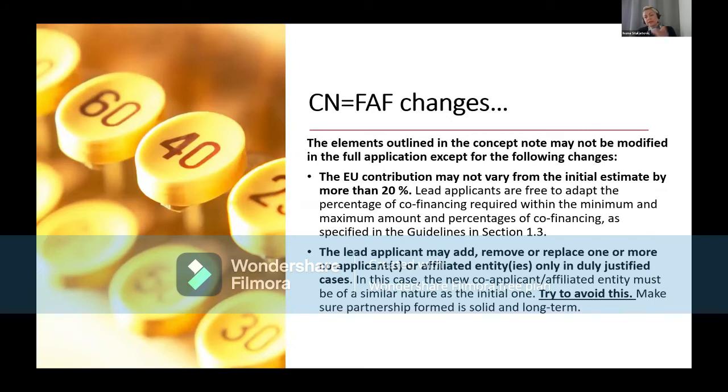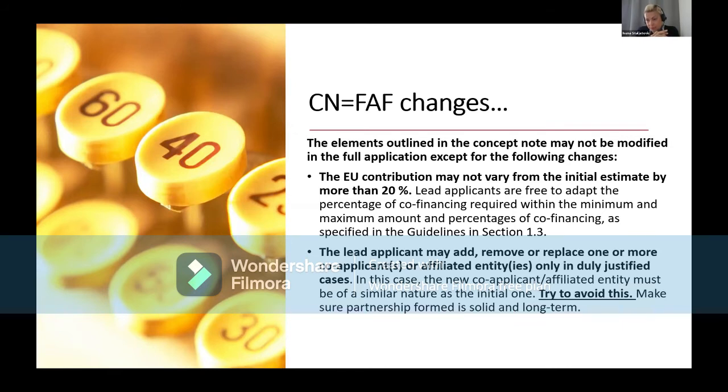We briefly tackled this issue about the possible changes that you can make from the concept note stage to the full application stage. In general, the elements that you have outlined in the concept note may not be modified in the full application.